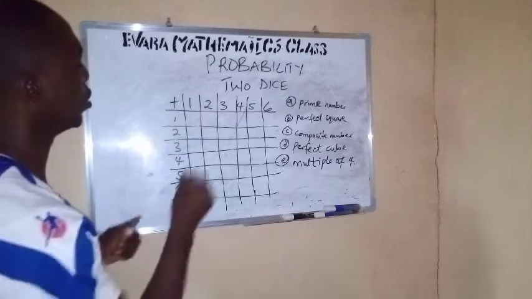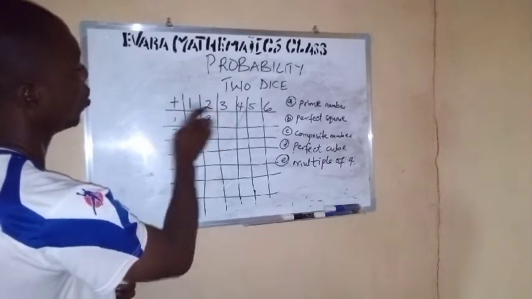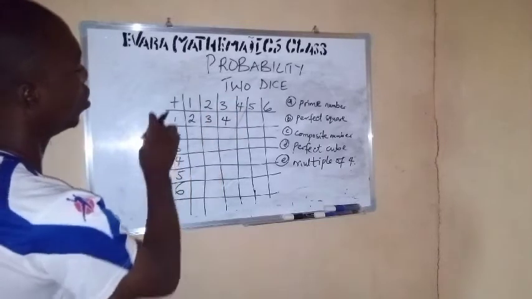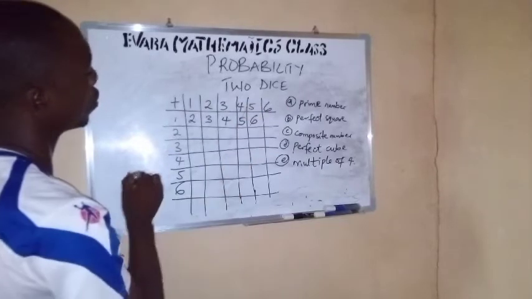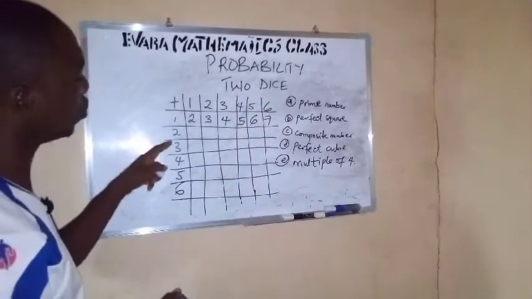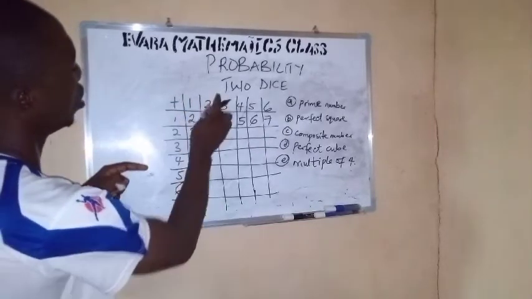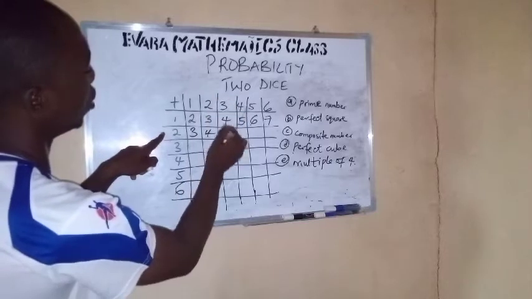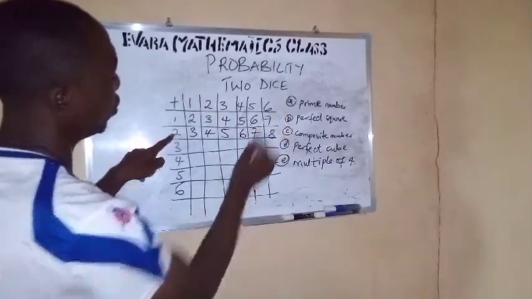1 plus 1 is 2. 1 plus 2 is 3. 1 plus 3 is 4. 1 plus 4, 5. 1 plus 5, 6. And 1 plus 6, 7. The same way we add 2 plus 1, 3, 4, 5, 6, 7, 8.